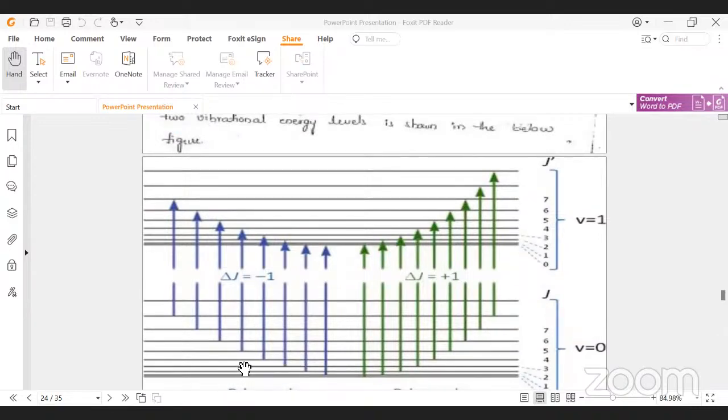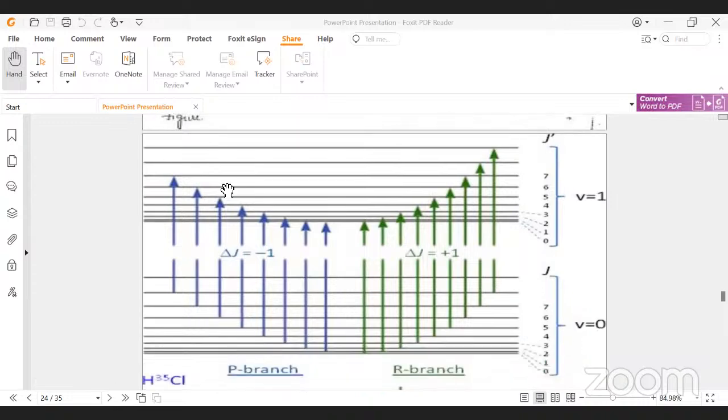This is V0, the ground state vibrational energy level, and this is the first excited vibrational energy level. Each vibrational energy level has a different number of rotational energy levels.